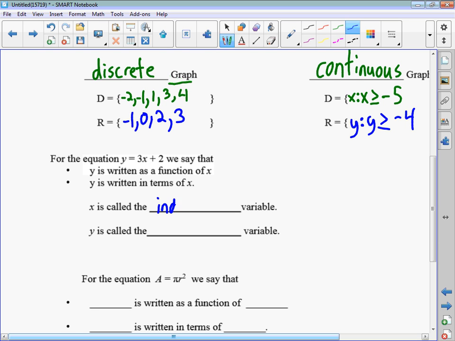It is the one that changes the value of the y. And y is called the dependent variable, which means that it depends on the value of x.